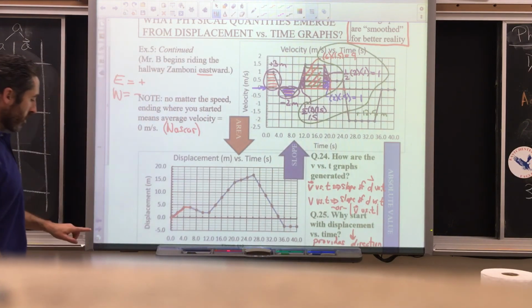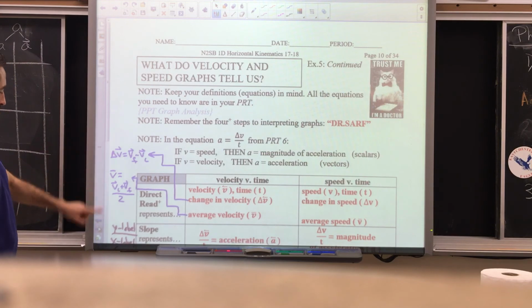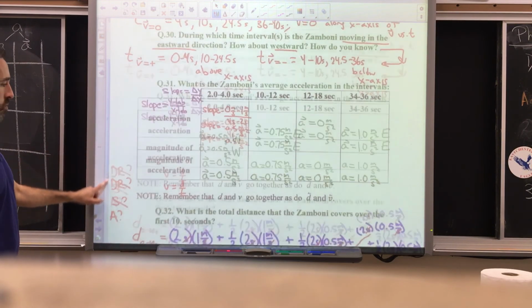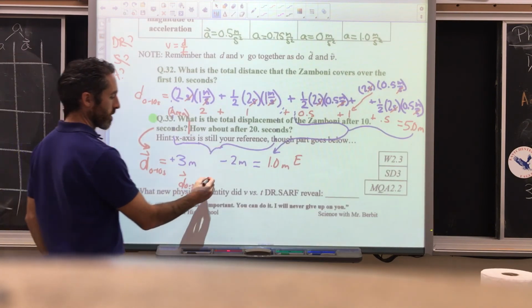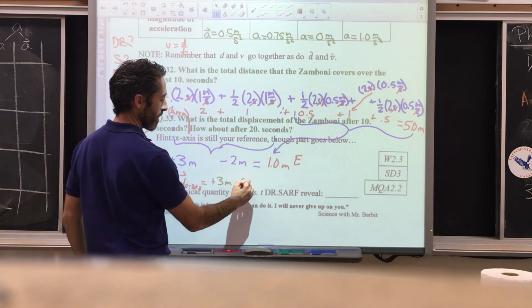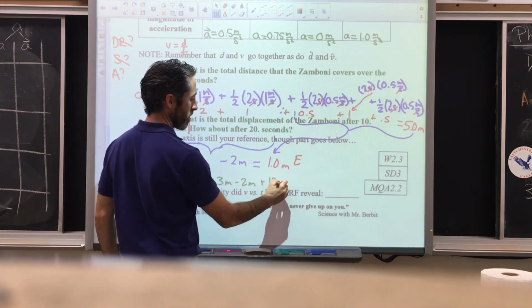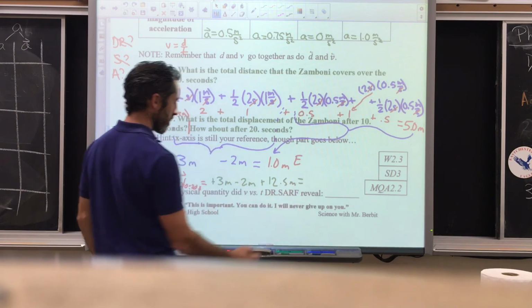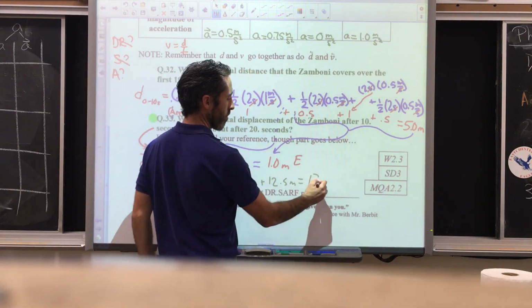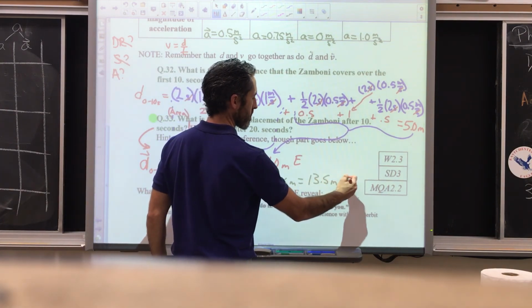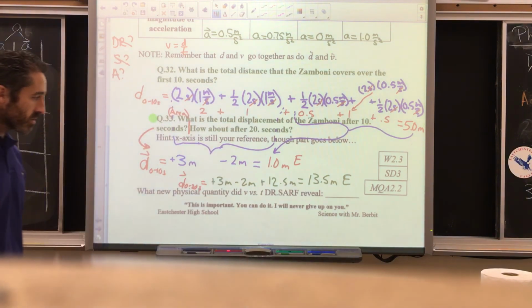And so then if we put them all together, we had our plus 3 meters, minus 2 meters, plus 12.5 meters, comes out to 13.5 meters positive, which means 13.5 meters east.